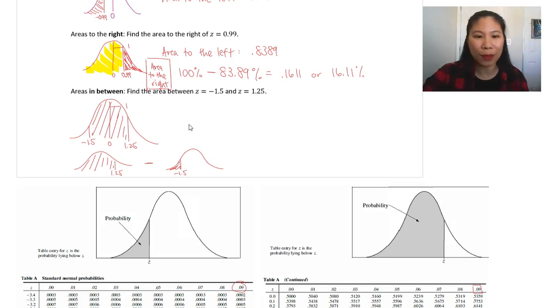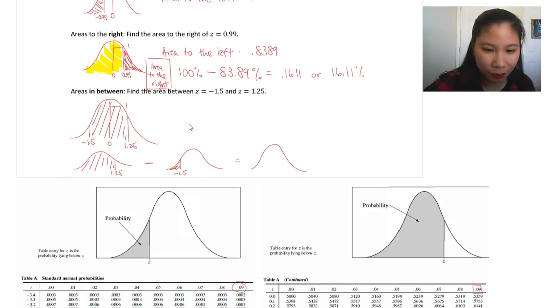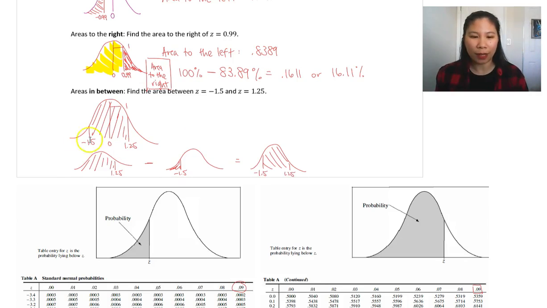That'll give me that middle area. It's kind of weird to think about. I like to think about it as if I take the bigger area and subtract the smaller area, that'll give me what's in the middle. Either way, I tried to do it visually as well. This is what we're trying to do.